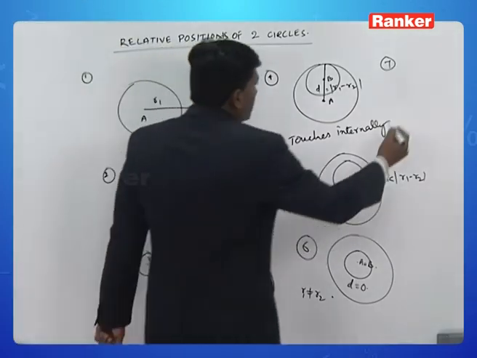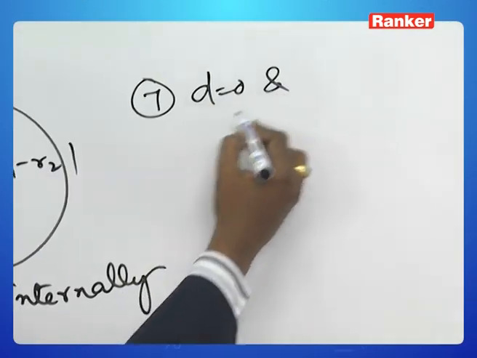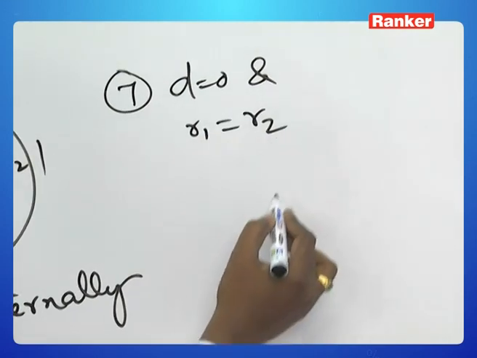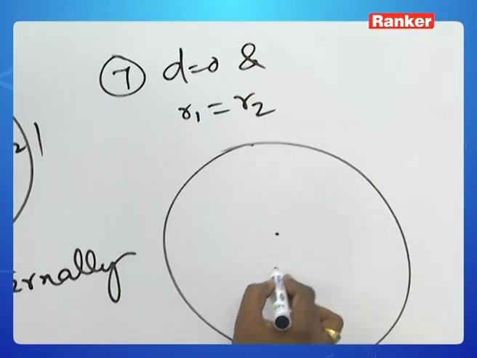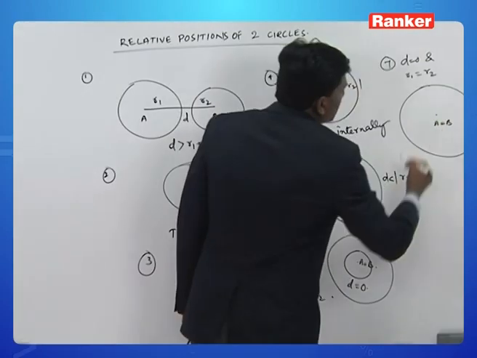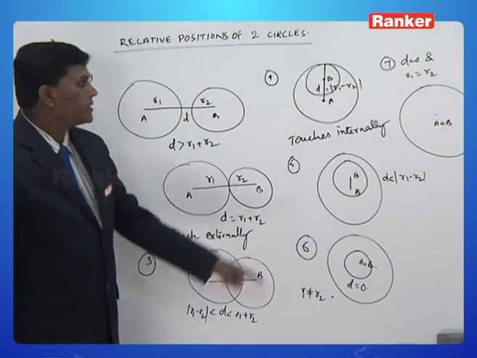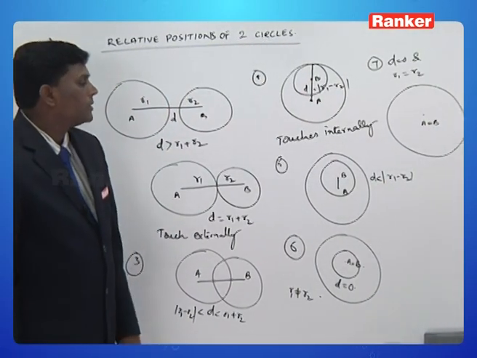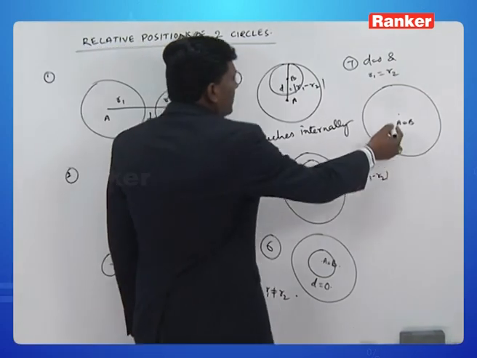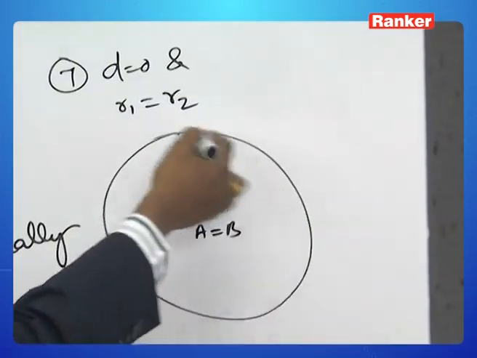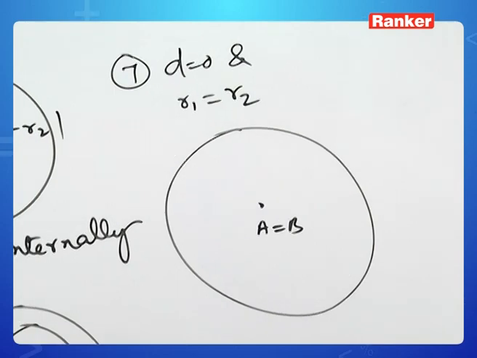D equals to 0 and R1, R2 also same. Here A and B both are coinciding, hence we get D equals to 0. Even the radii also same, in that case we are getting both the circles coinciding each other.